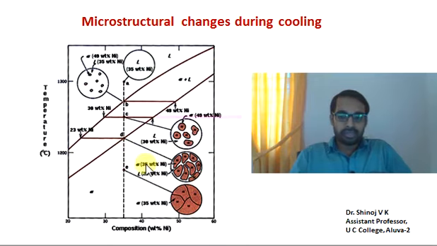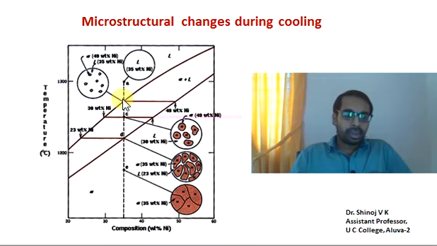There are two boundaries, the liquidus boundary as well as the solidus boundary. In this particular lecture, we will be studying in detail the phase changes happening across this line, and the compositions. Of course, the composition will change when the temperature goes down.